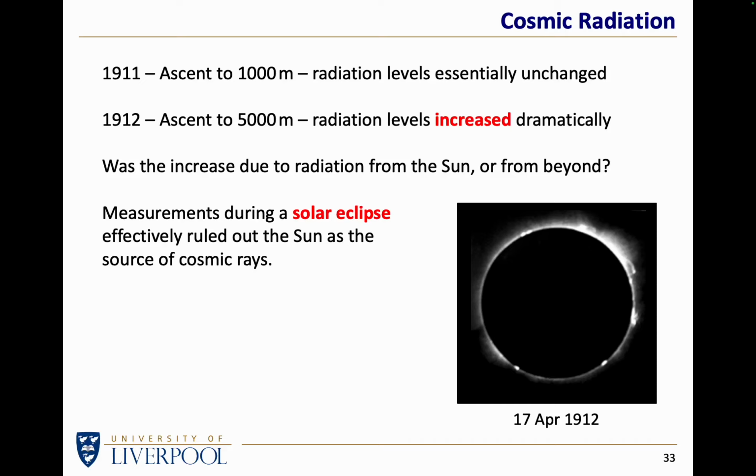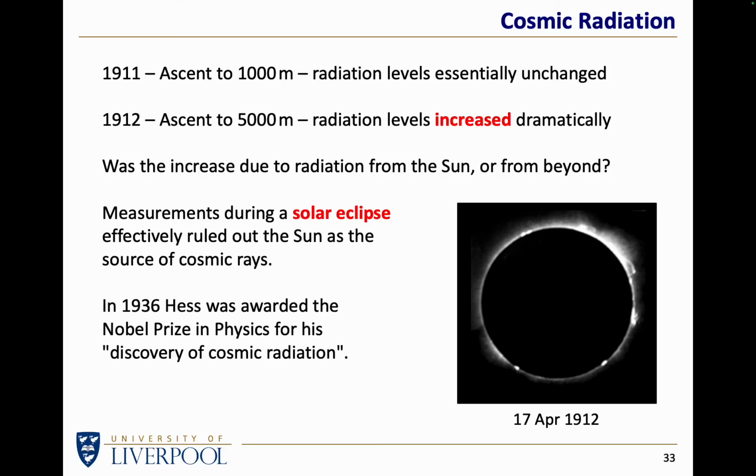Nobody could believe that any radiation from the sun could possibly get through the moon, so if the moon covers the sun, the radiation level should fall if the radiation is coming from the sun. The radiation levels didn't fall during the eclipse. He deduced that the radiation is coming from somewhere beyond the sun, or at least most of it is coming from beyond the sun, even if the sun is producing something.